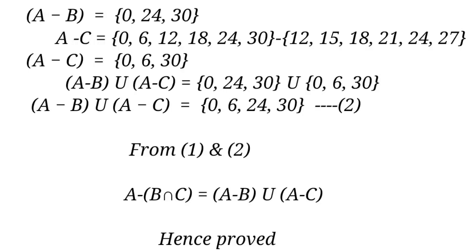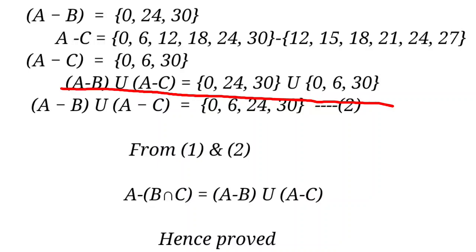Then A minus B union A minus C is equal to {0, 24, 30} union {0, 6, 30}.